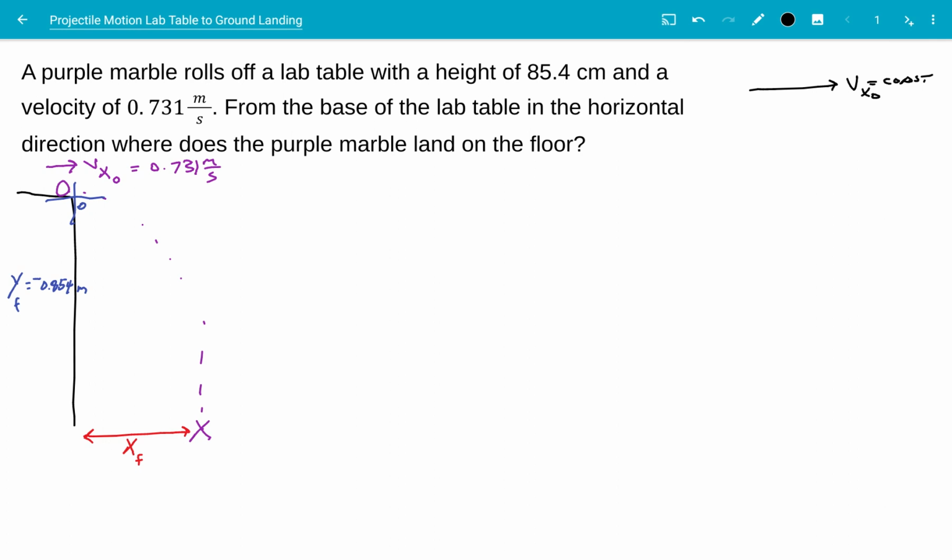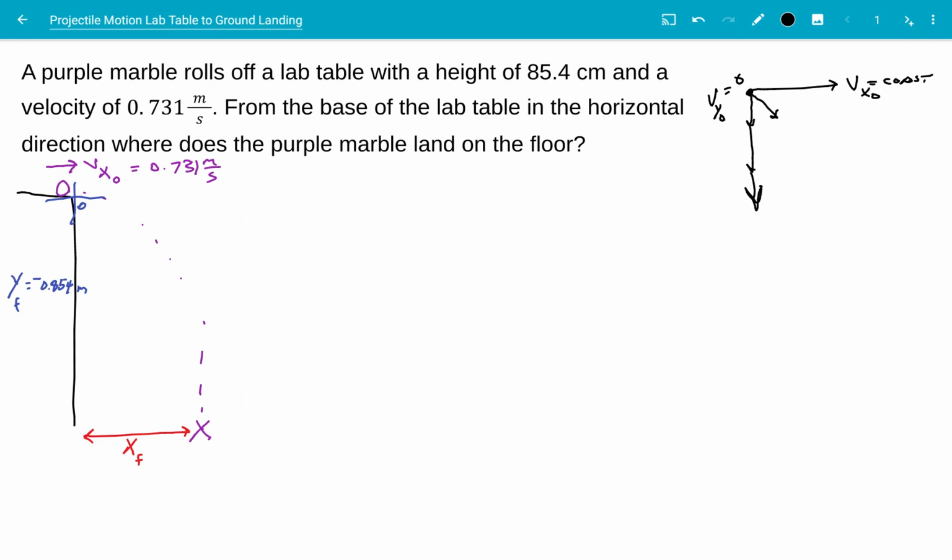But in the y direction, Vy initial, well, that's 0. But as soon as it starts falling, it starts increasing and increasing. There is a tangent velocity that goes along as it increases.